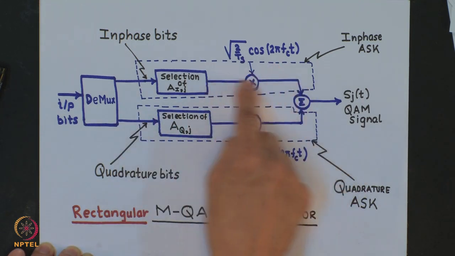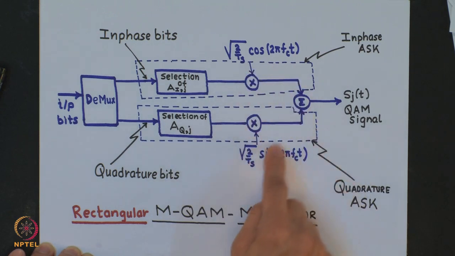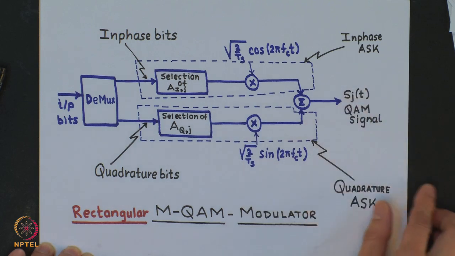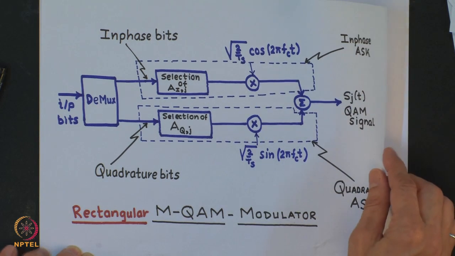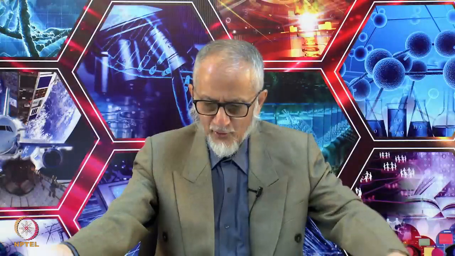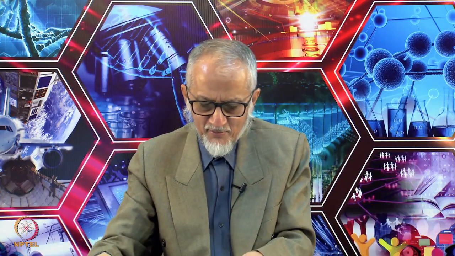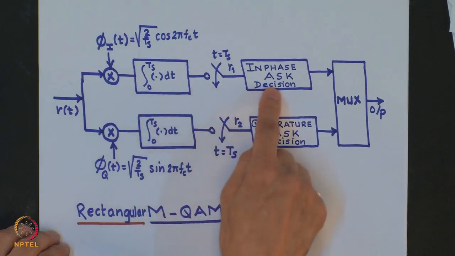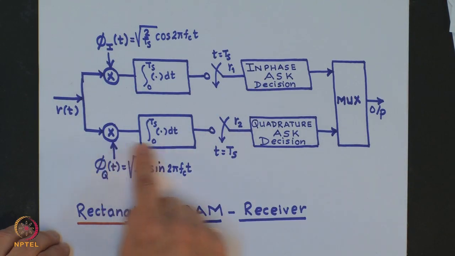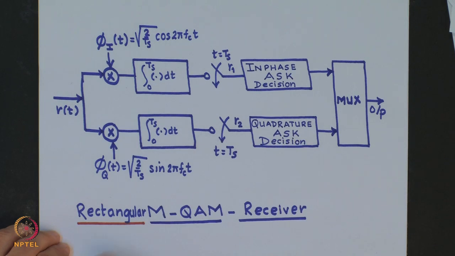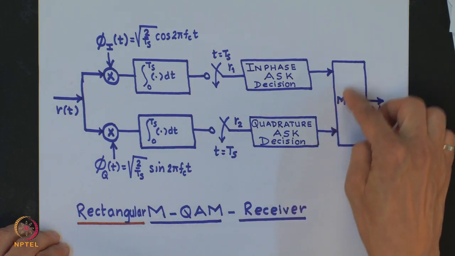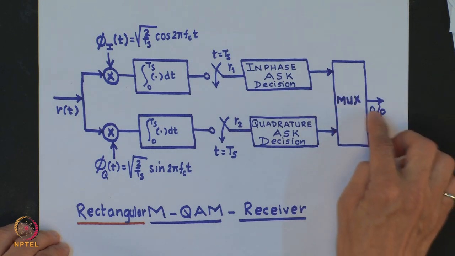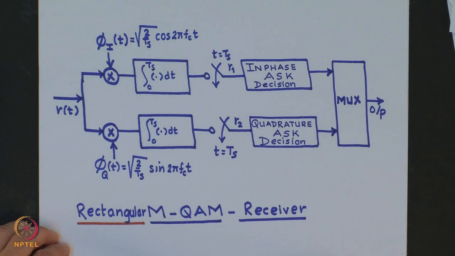We get two ASK signals, in-phase ASK and quadrature ASK, and both are combined to produce the QAM signal sj(t). And based on this, we get the receiver for the same as shown here. We have in-phase ASK channel and quadrature ASK channel, both are combined with the help of a multiplexer to give the final output.